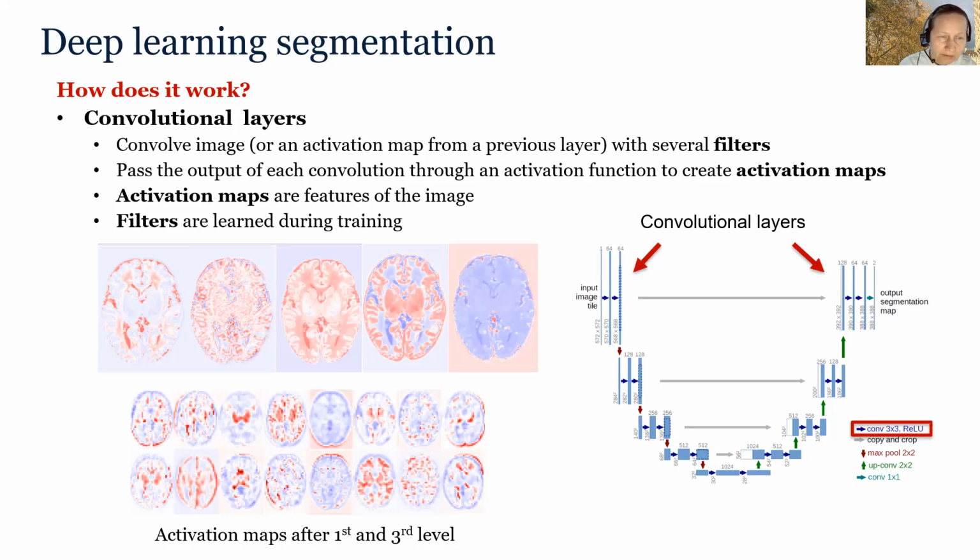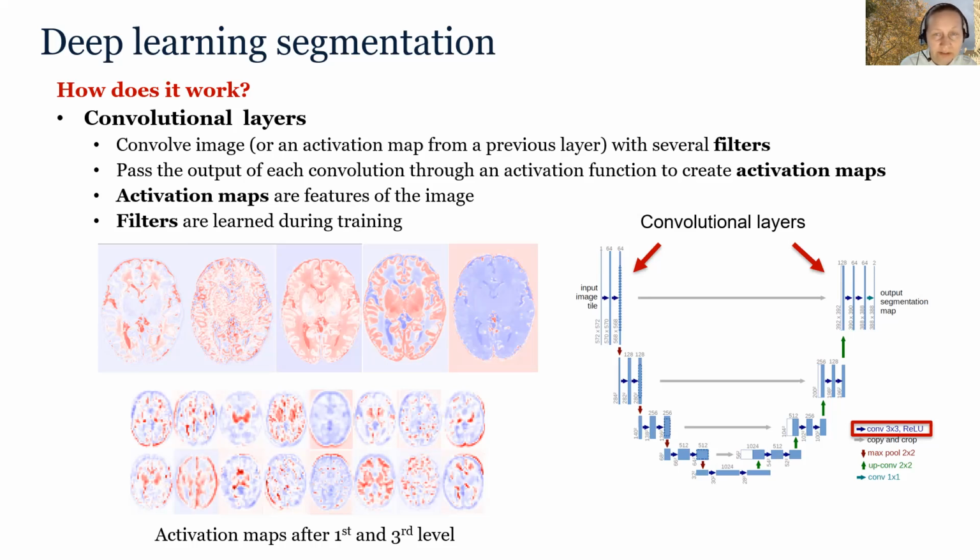So we ask the network to find filters that will result in the output that we require, that will result in the output segmentation that we are asking for, by showing the manual segmentation. So that's an important thing. Filters are learned during training. We don't know in advance what they're going to be, and they will be adapted to our application.